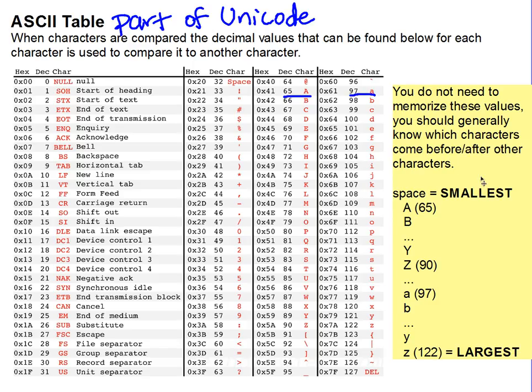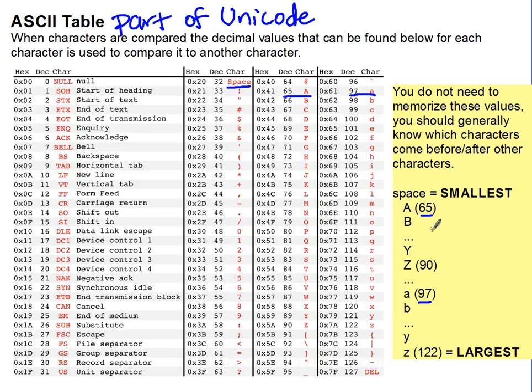What you need to know is that the space up here is the smallest value that you're going to need to ever compare to something else, possibly. And then know that your capital letters are all smaller or come before your lowercase letters. Some of you might find it easy to remember that capital A is 65 and lowercase a is 97, if you're somebody who likes numbers.